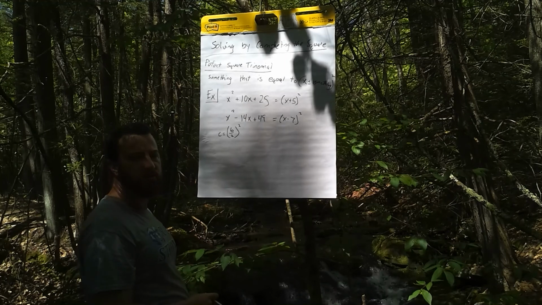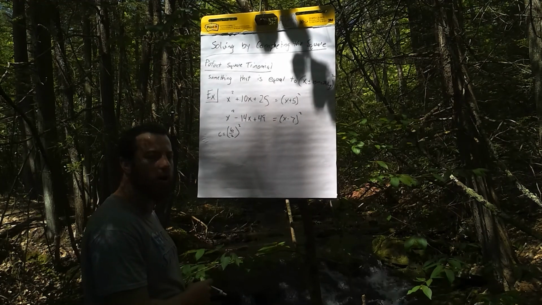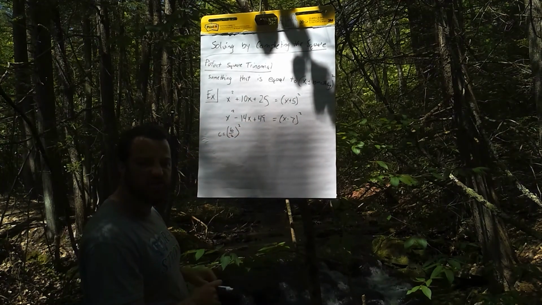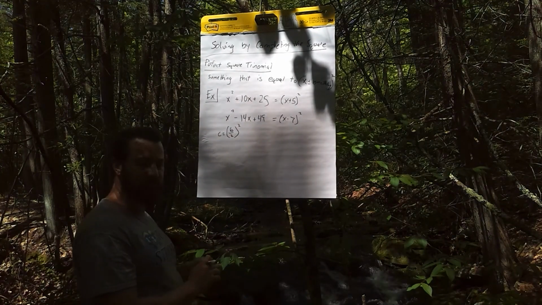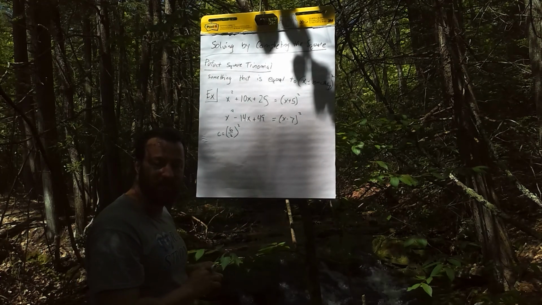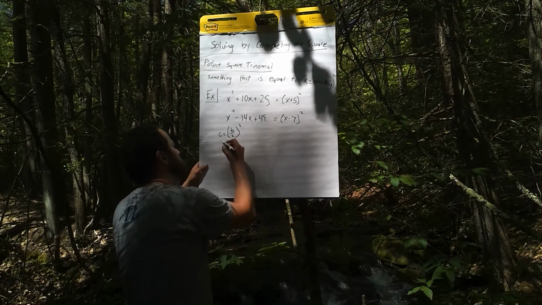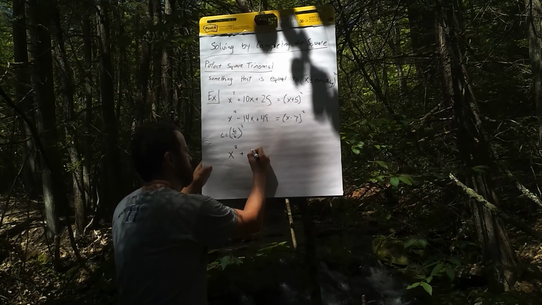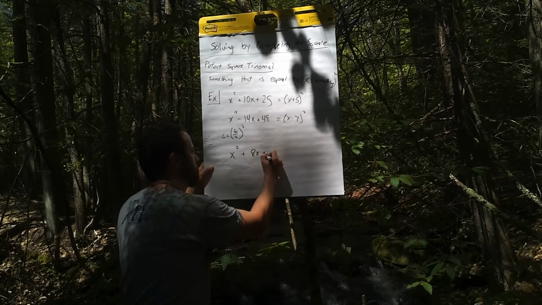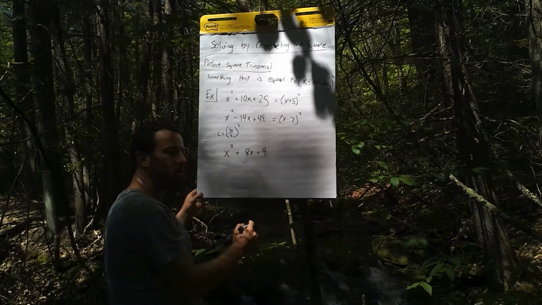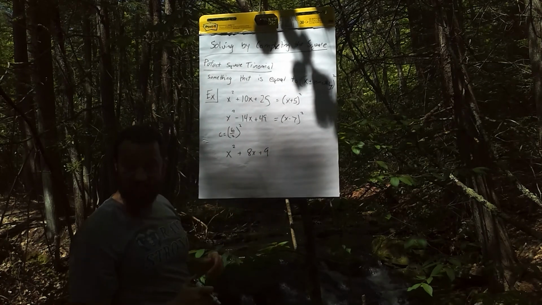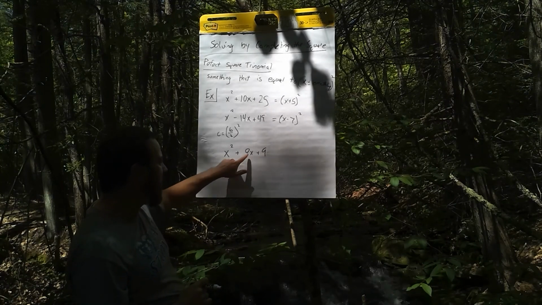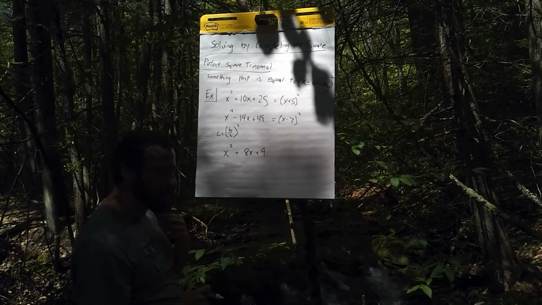So if we want to turn something into a perfect square trinomial, all we're going to do is take half of b and square it, and that gives us the c to make something a perfect square trinomial. All right, let's take an example. All right, now this is not a perfect square trinomial because c does not equal half of b.